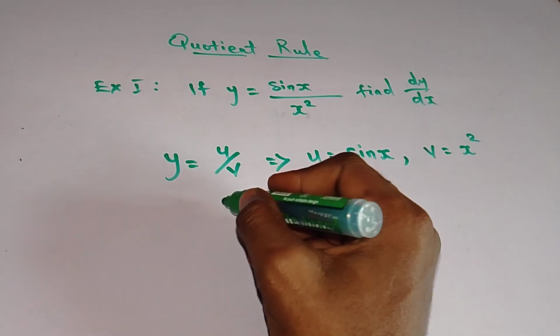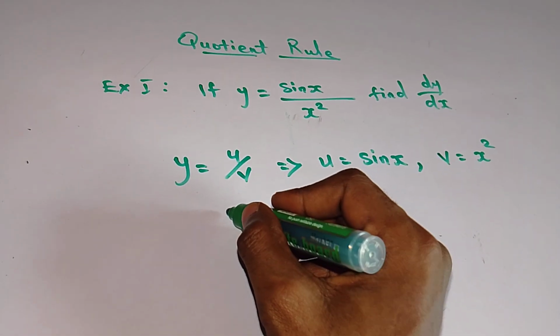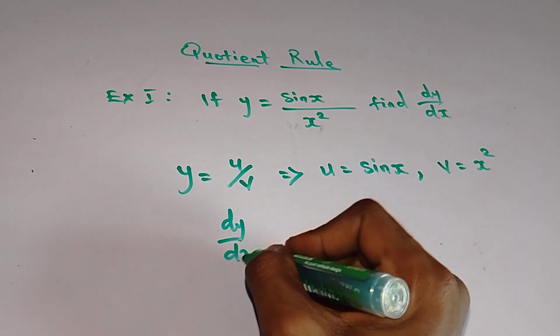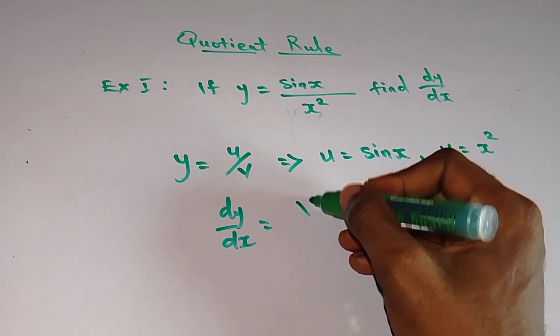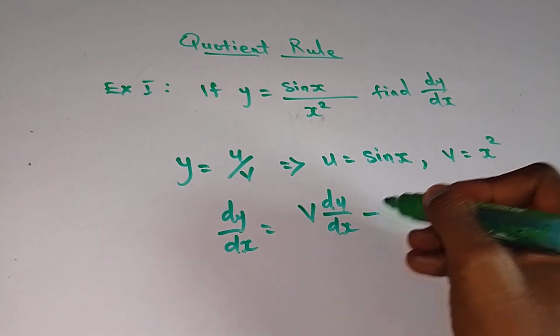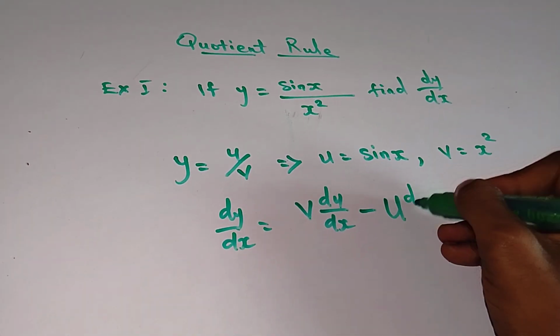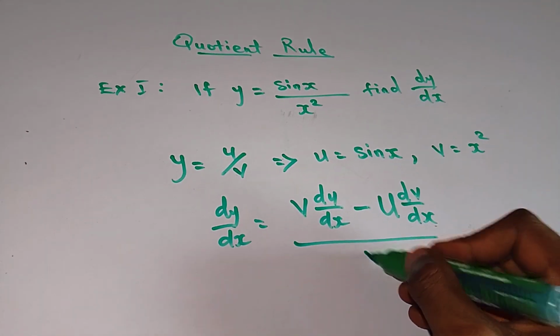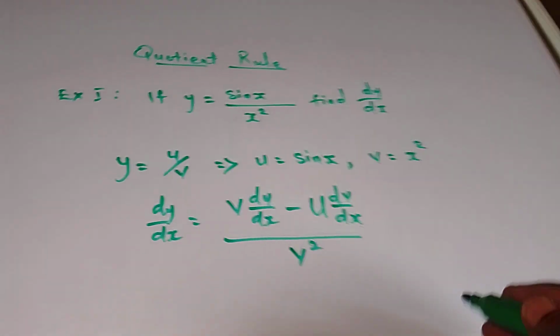So at this point, we can recall the quotient rule. The quotient rule states that dy dx is equal to what? V du dx minus u dv dx all over v square. I believe you still remember that.